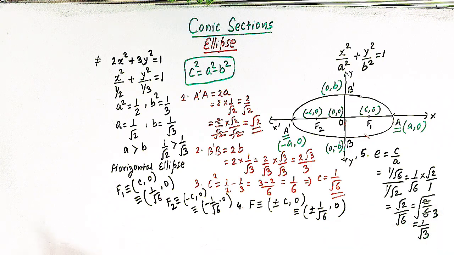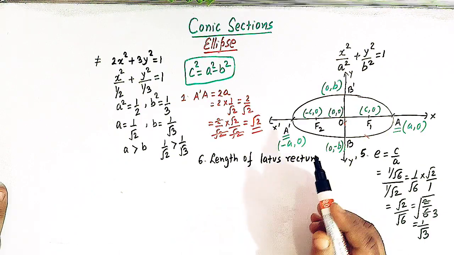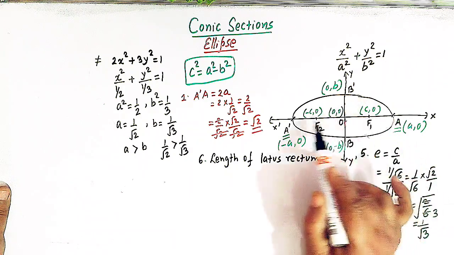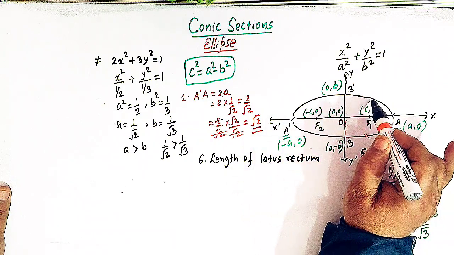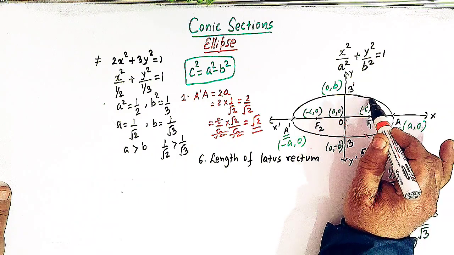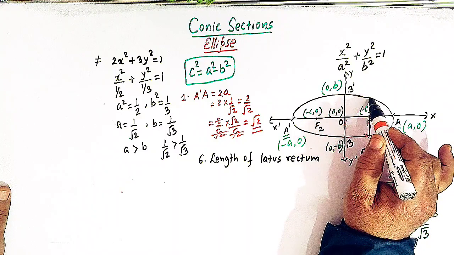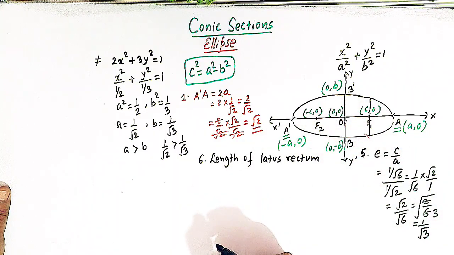Okay, now let us find out the length of the latus rectum. So the latus rectum is defined as a line which is perpendicular to the major axis of this ellipse and which passes through the focus, right? So here if we draw a line like this, then this length is known as the length of latus rectum.